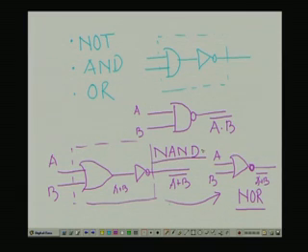Now, what will be the truth table of this NAND and NOR? See what we have seen, that if it is a 2 input NAND, then it is actually equal to what we can write, the 2 input AND that is complemented. So, what will be the truth table?